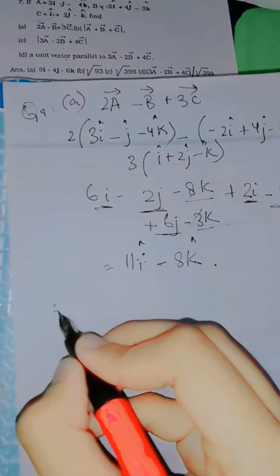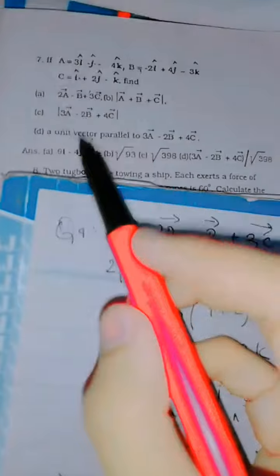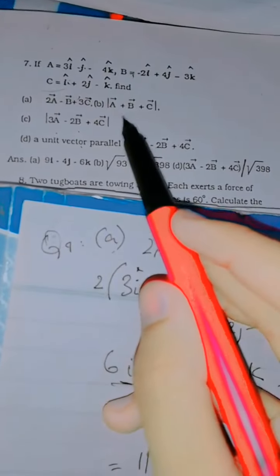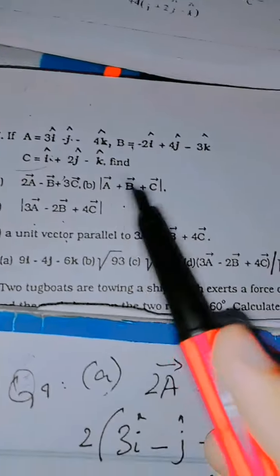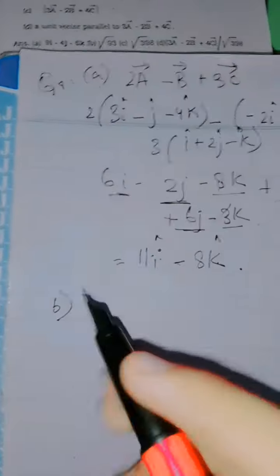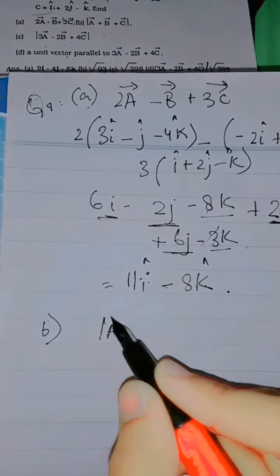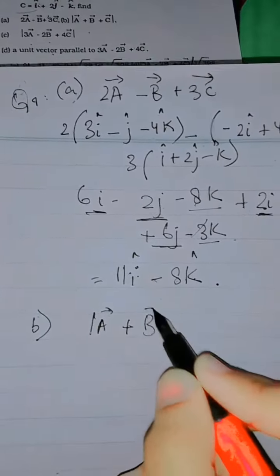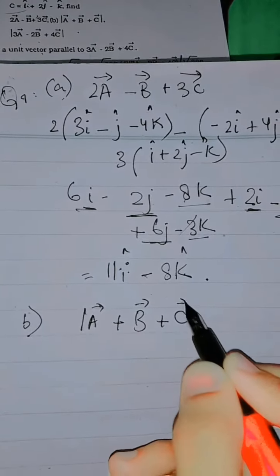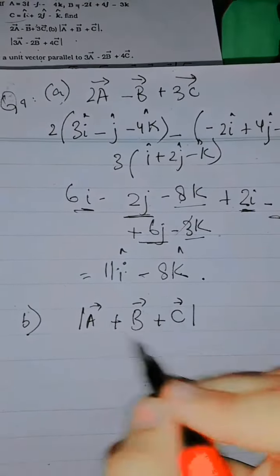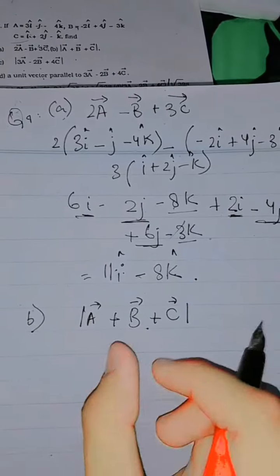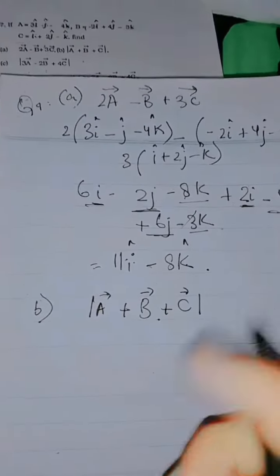Now going to part B, that is the magnitude of a plus b plus c. We have to find the magnitude of a plus b plus c. First of all, we'll be adding them and then we'll be taking the magnitude.